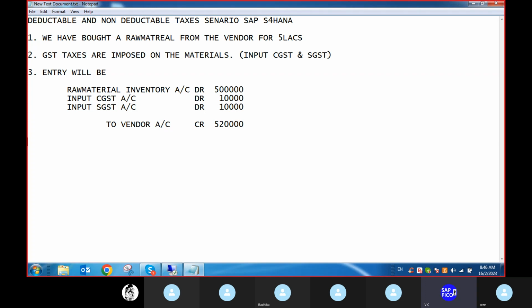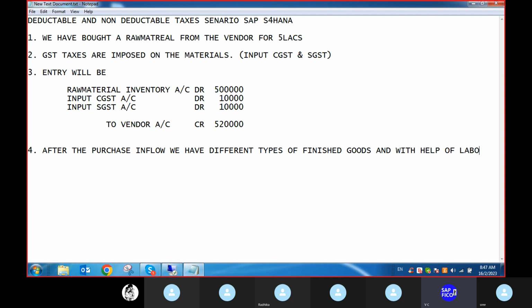Then the next step, the fourth point, is after the purchase inflow, we have different types of materials, I mean different types of finished goods, made with the help of labor charges and machine charges.